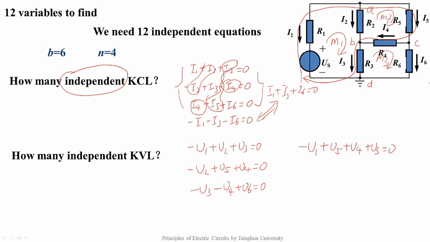Do you notice that this equation is a sum of these two equations? You can continue to study that all equations written along other loops are not independent. For this problem, we can write only 3 independent KVL equations. You may have a question: for a circuit, how many independent KCL and KVL equations can we write?